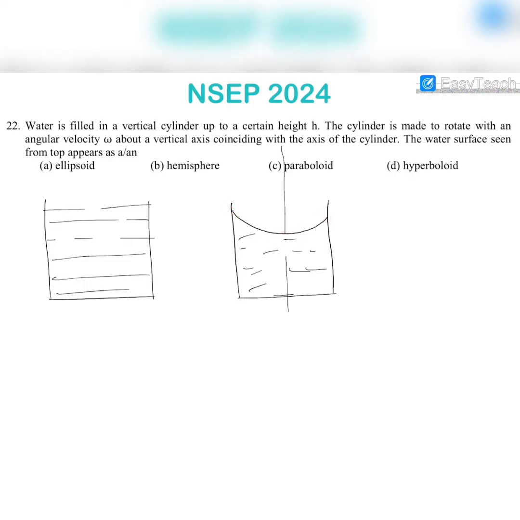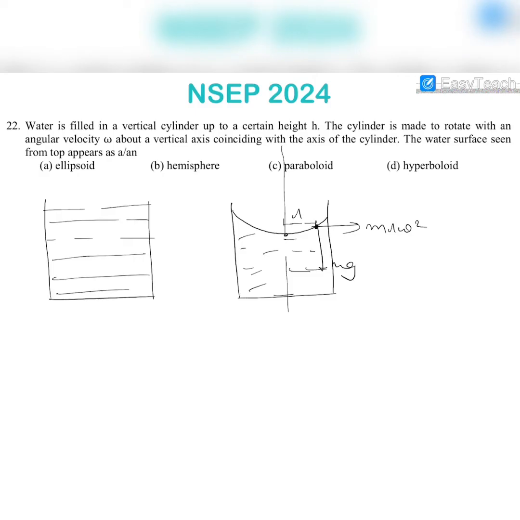Now we have to identify the name of the shape that this water surface will form. So first of all, let us see that at this point, if this distance is r, then the particle which is situated on the surface of the water will be experiencing a force of m r omega square and mg in the downward direction.